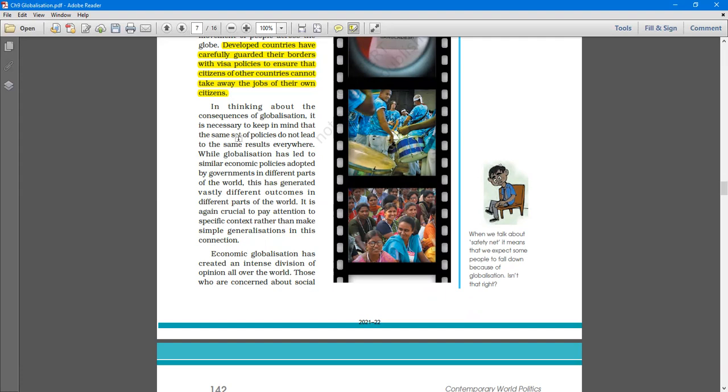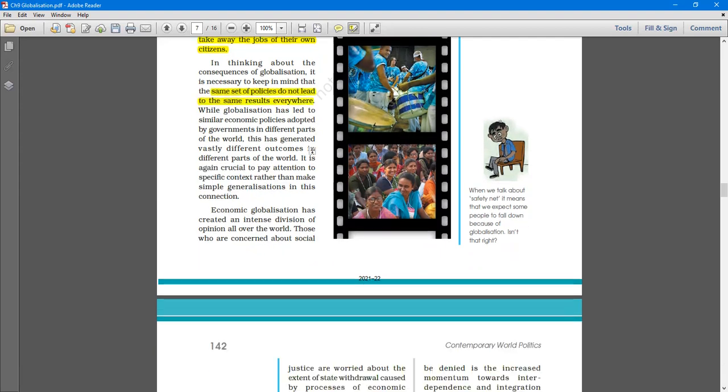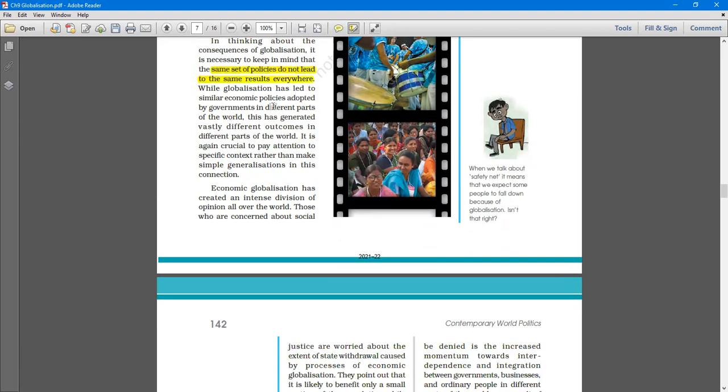So in thinking about the consequences of globalization, it is necessary to keep in mind that the same set of policies don't lead to the same results everywhere. While globalization has led to similar economic policies adopted by governments in different parts of the world, this has generated vastly different outcomes in different parts of the world. So with the change in the region, with the change in the system, the governments are adopting different policies.